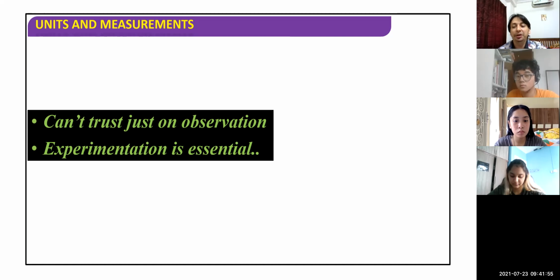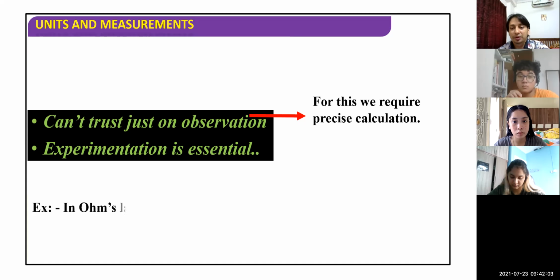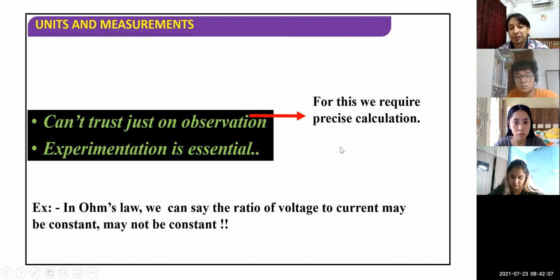Experimentation is essential to get the exact value. For this we require precise calculation, definitely. If we are observing anything, our observation should be precise.